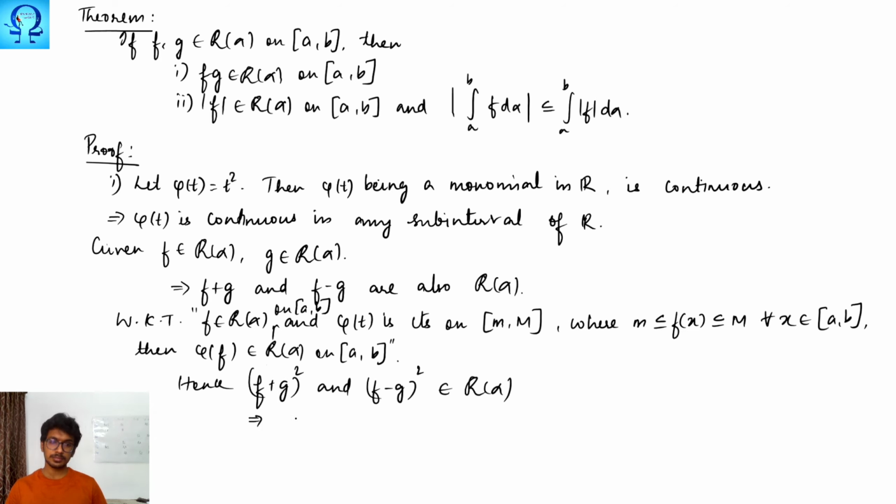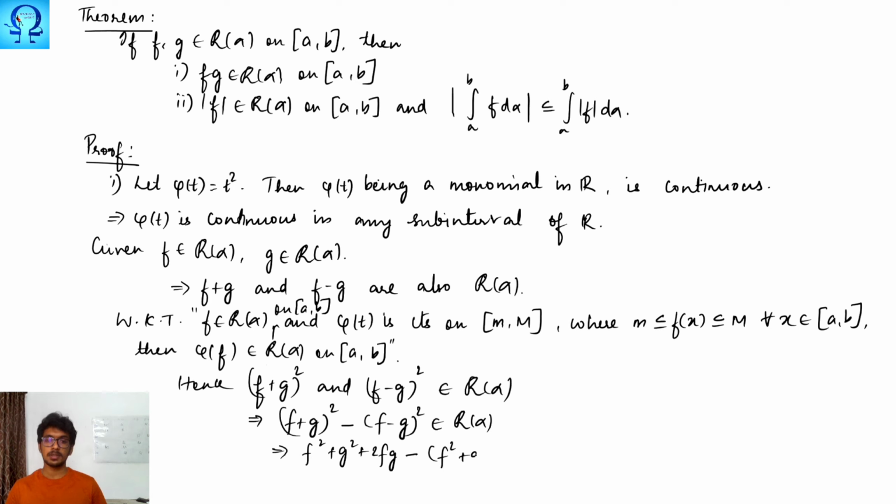Now, again making use of the properties of the function, (f plus g) whole squared minus (f minus g) whole squared is also RS integrable. If you make use of the binomial expansion, this gives f squared plus g squared plus 2fg minus (f squared plus g squared minus 2fg) is also RS integrable.